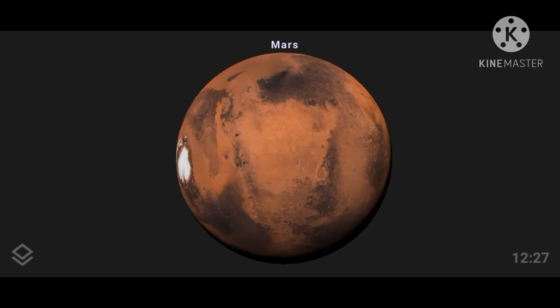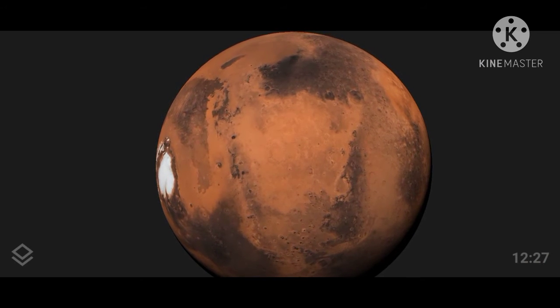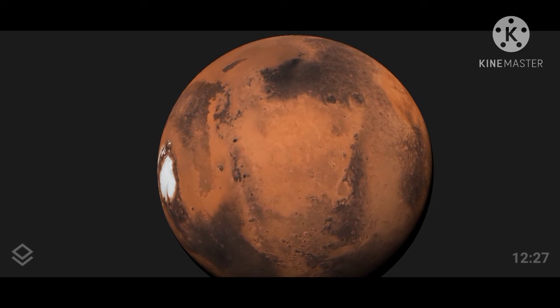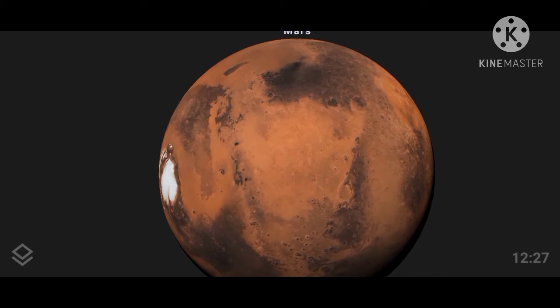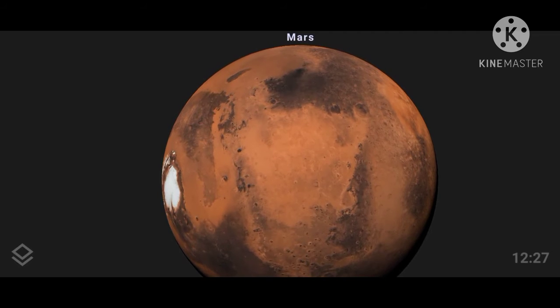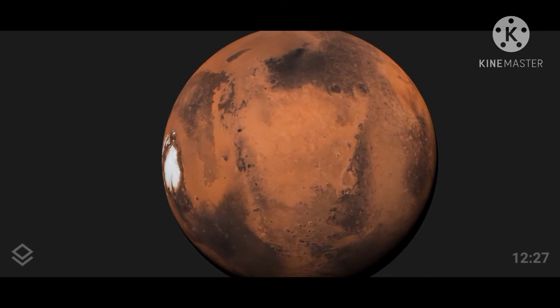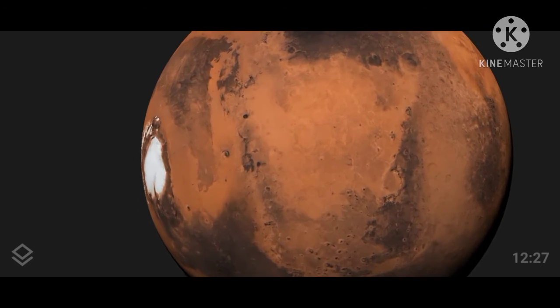But there are some space missions that are starting to launch, with the aim to terraform Mars for the continuity of the species and the human race of the Earth.